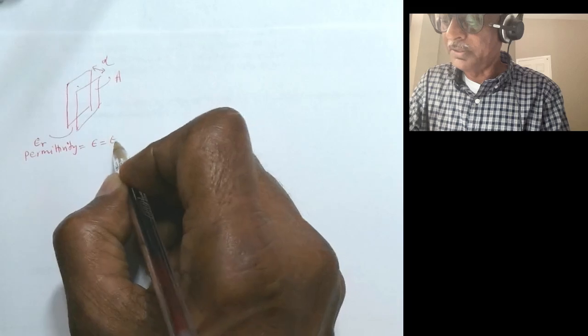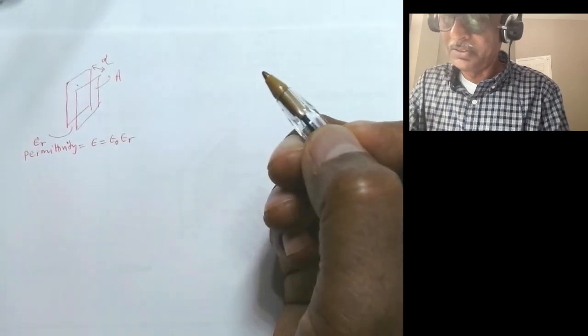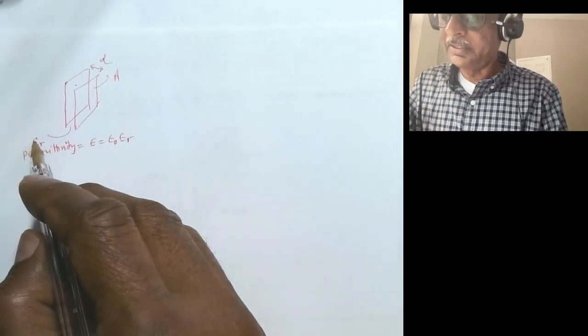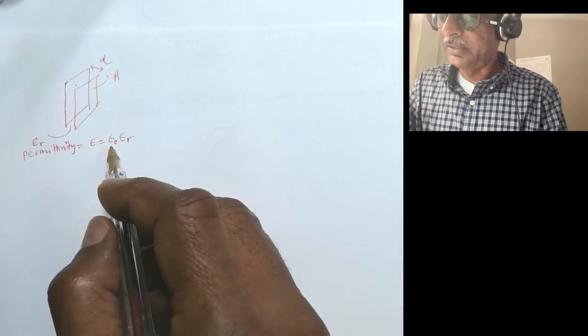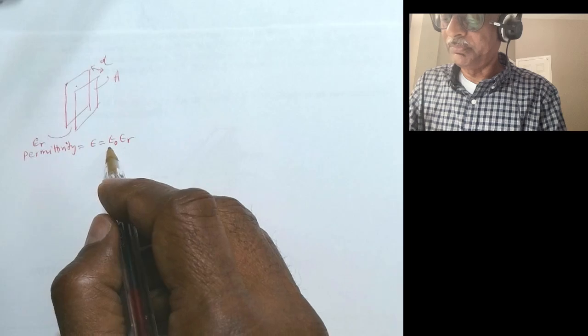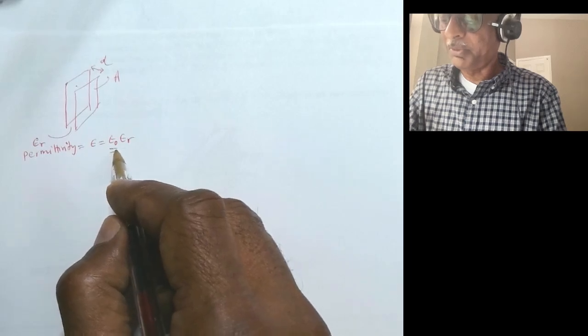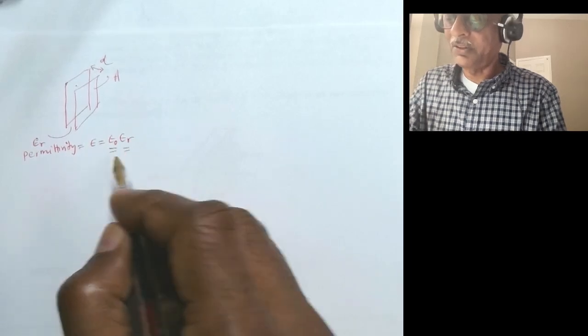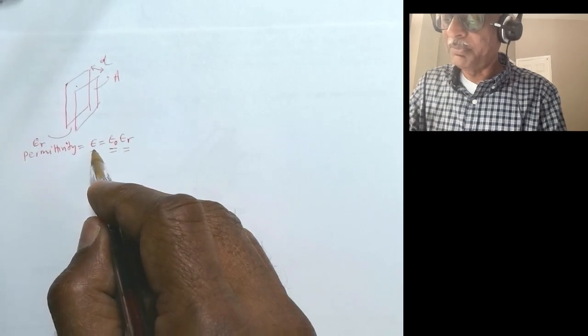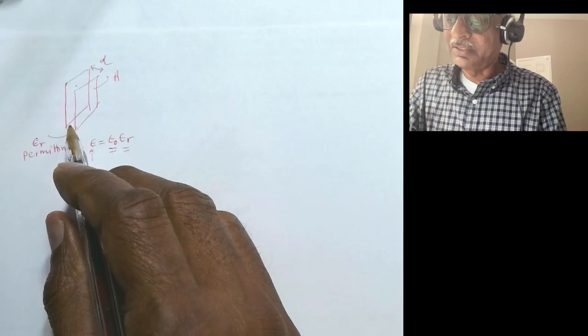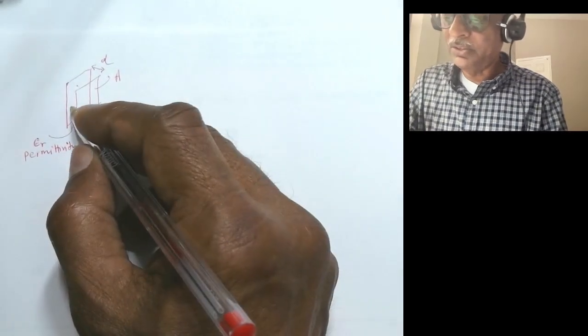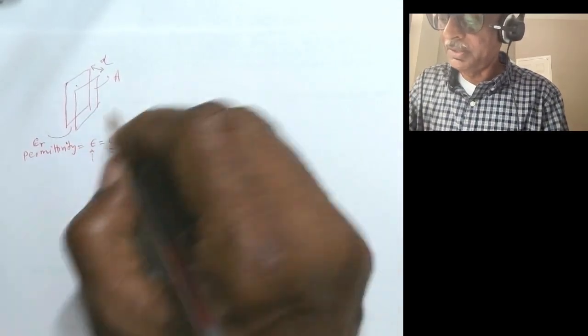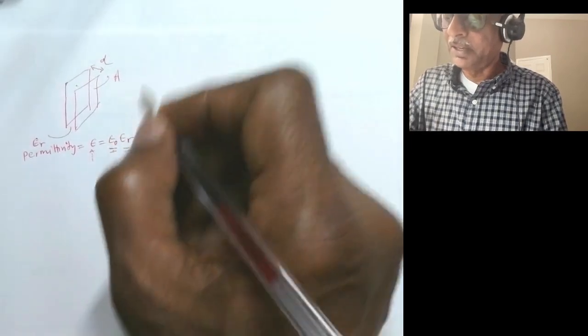Epsilon r is the dielectric constant, and epsilon naught is the permittivity of free space. So if this was just vacuum, it would be just epsilon naught.